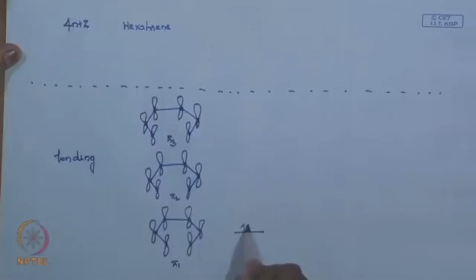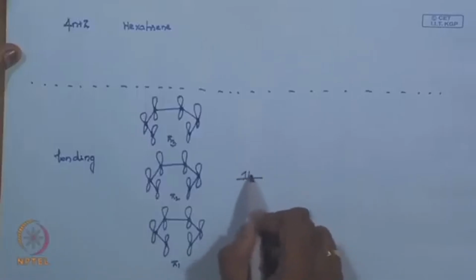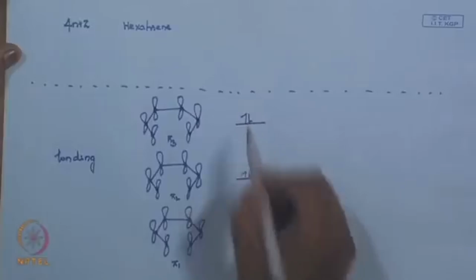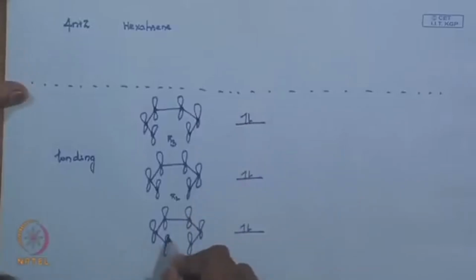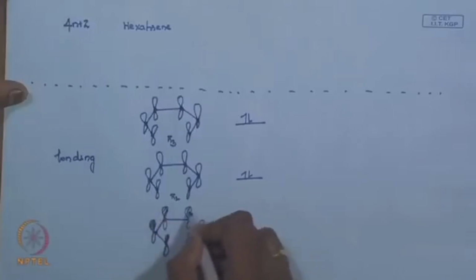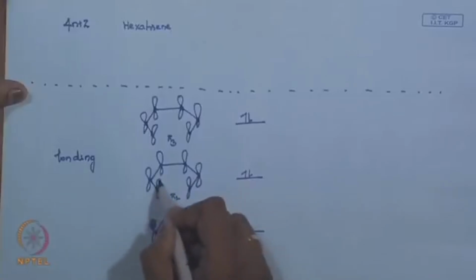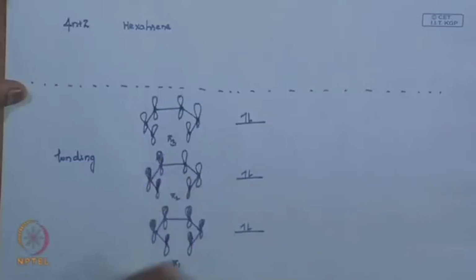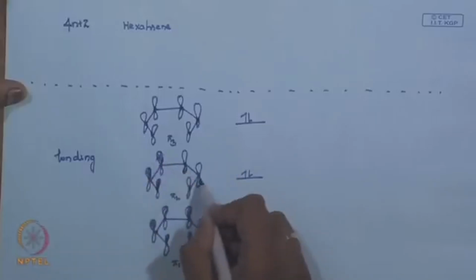So, you will be talking about your electron systems here. In this case it will be 3 up and 3 down.